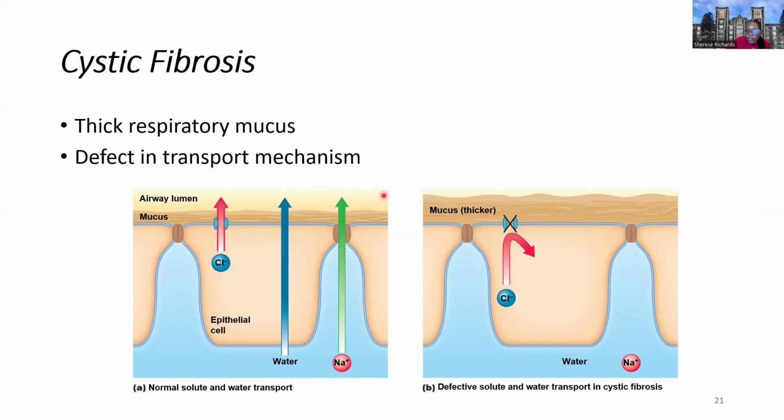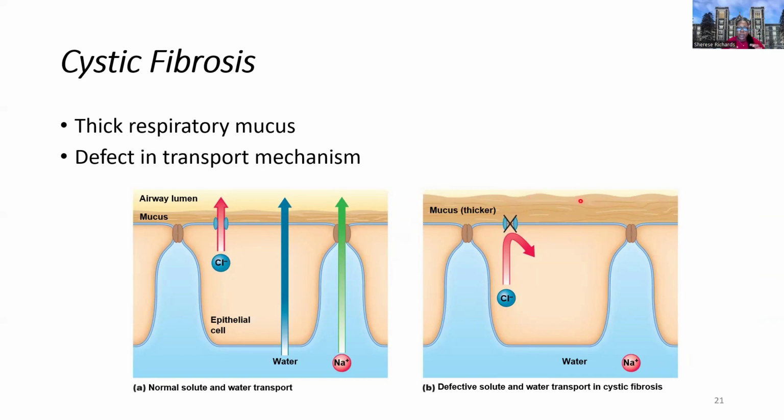So a clinical relevance to this is cystic fibrosis. This is when patients have a genetic defect in the chloride transporters, so they cannot pump solutes into the lumen, right? We would initially need to create solute concentration in the lumen, and then water will simply follow. But in these patients with cystic fibrosis, there's a genetic defect in the carriers that allow us to pump this chloride out in order to make sodium chloride in the lumen.